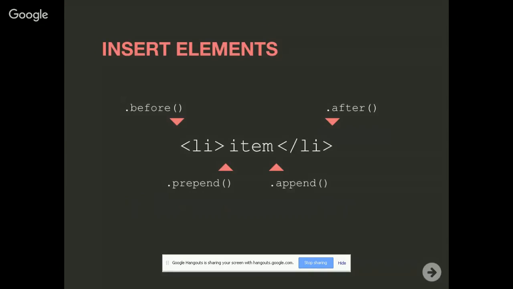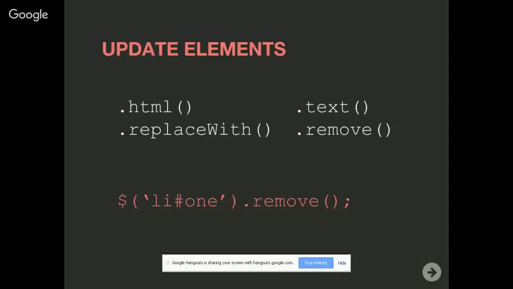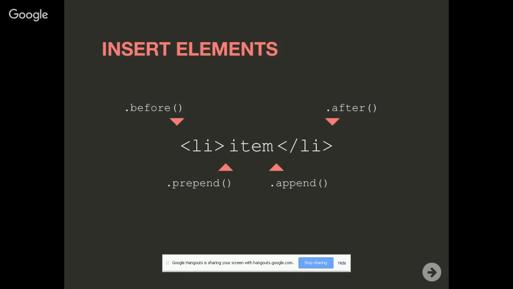Okay. So this is the list of elements. We use a list of methods to update elements, and we're going to do some examples with those as well. Here this is a nice visual to show before and after are going to insert the element in front of the tag, whereas prepend and append are going to insert it inside the tag.